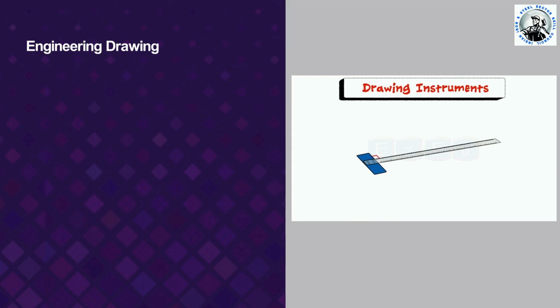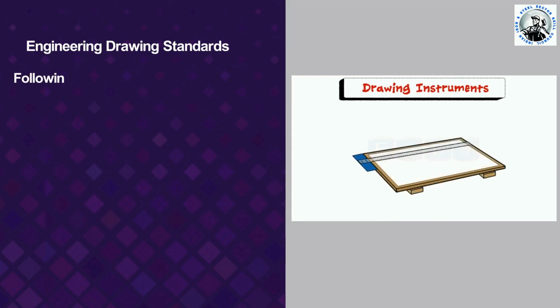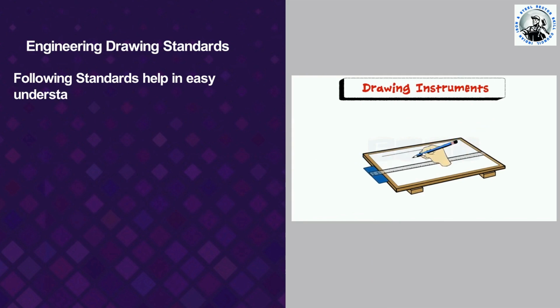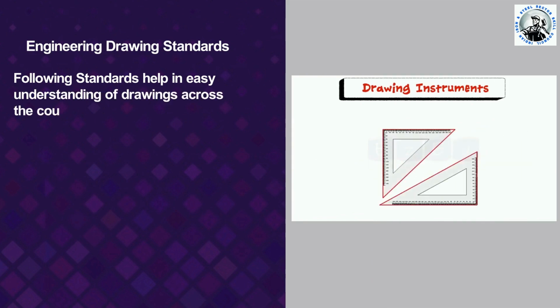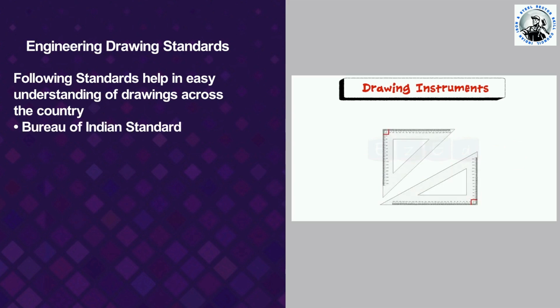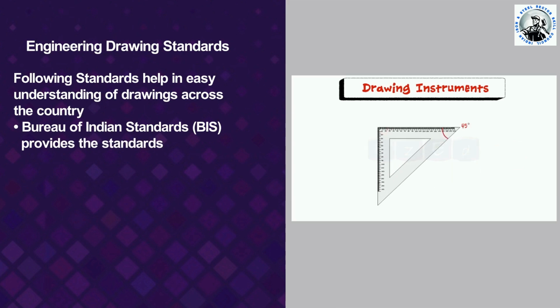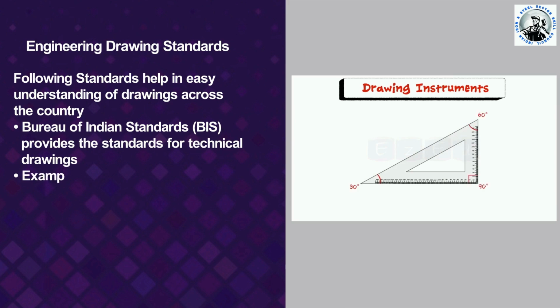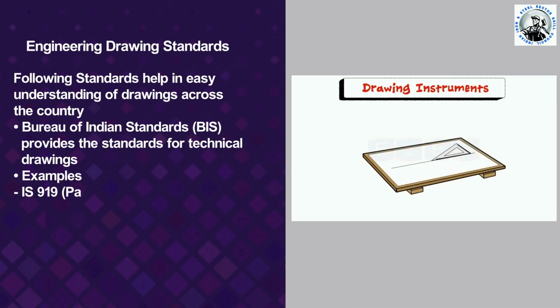Engineering drawing standards. Following standards help in easy understanding of drawing across the country. Bureau of Indian Standard (BIS) provides the standard for technical drawings. Example: IS 919 Part 2 ISO System for Limits and Fits.